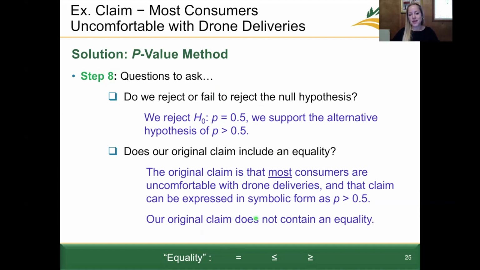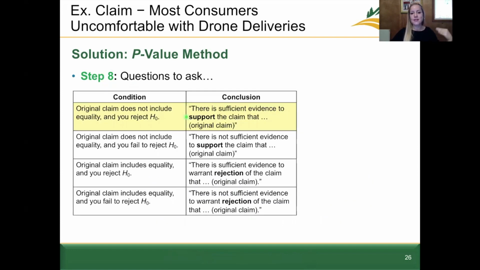Now let's see where we fall on that table so we can word the proper conclusion. So for our example we've been going through, we end up falling in this first row, right? The original claim does not include inequality and we reject the null hypothesis. The corresponding conclusion for this is there is sufficient evidence to support the claim that, and we insert our original claim here.